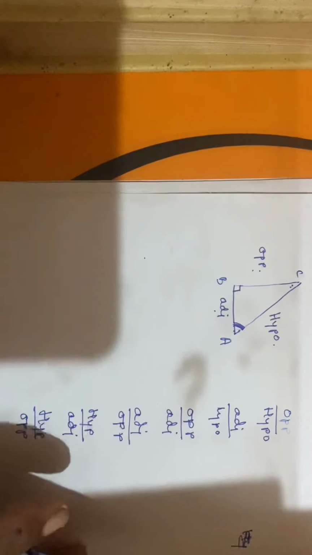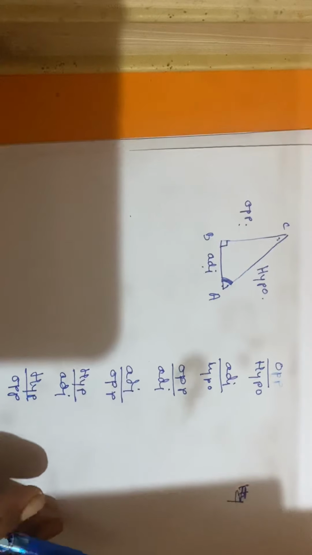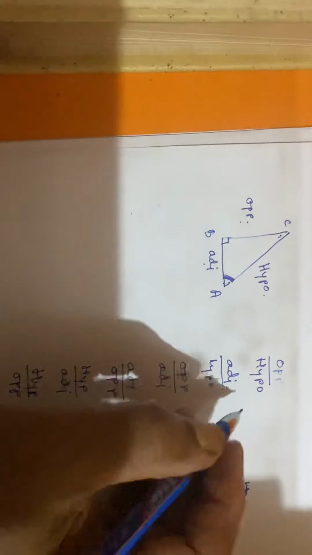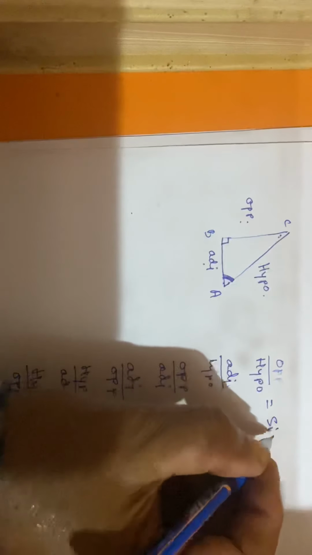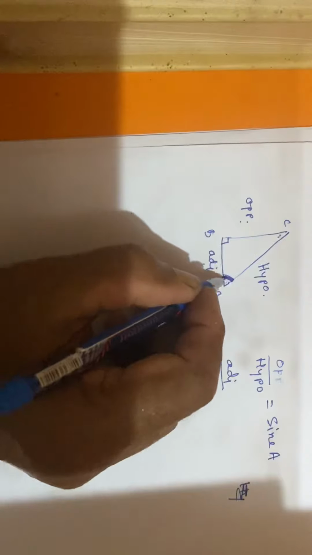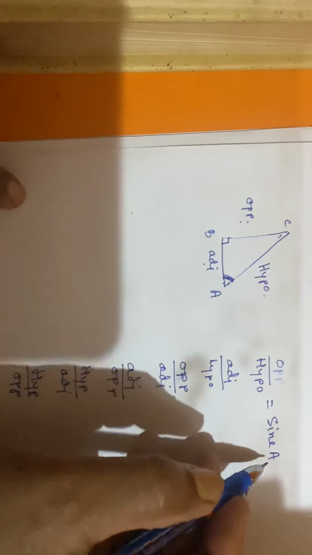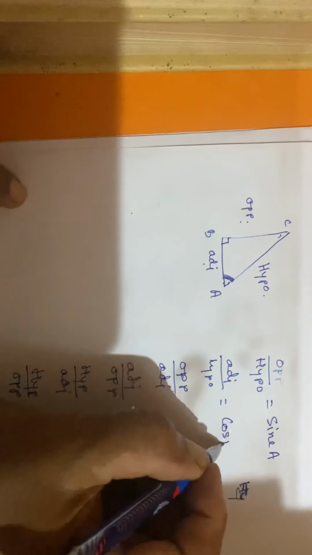Now these ratios are given names, which we call trigonometric ratios. When it is opposite by hypotenuse, you say this is sine of the angle. We have considered A, so I am writing sine of angle A. Adjacent by hypotenuse, you say cosine.